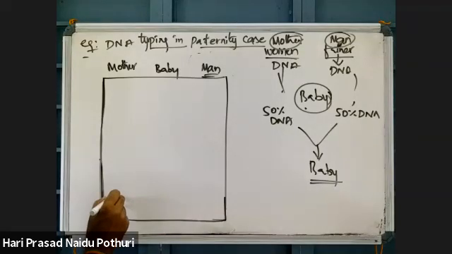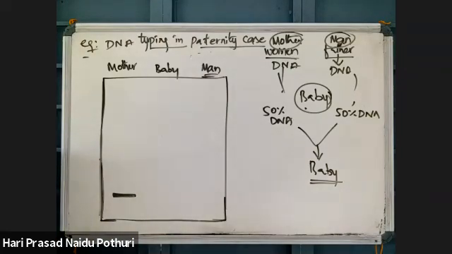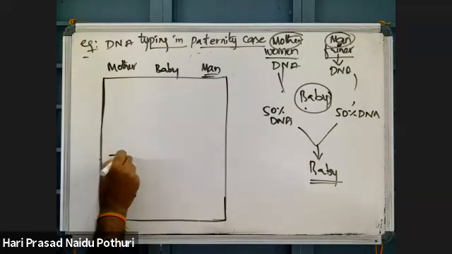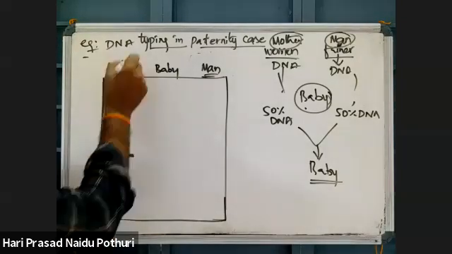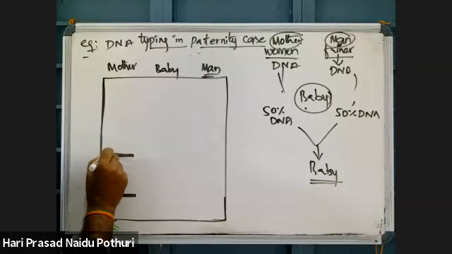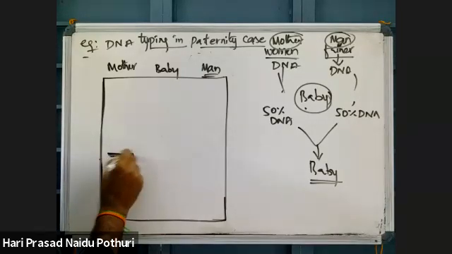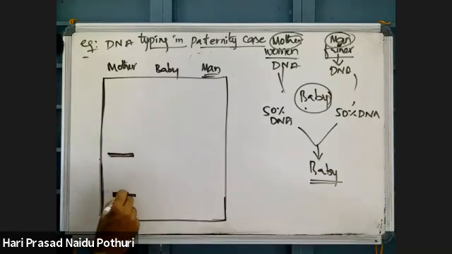Suppose there is a band specific to the mother. The mother produced two bands like this, after agarose gel electrophoresis, restriction digestion and the final step.